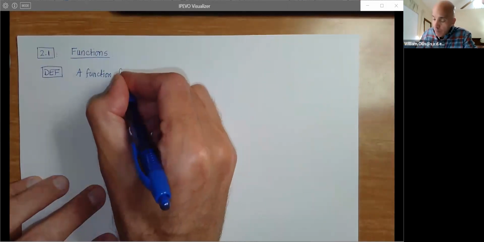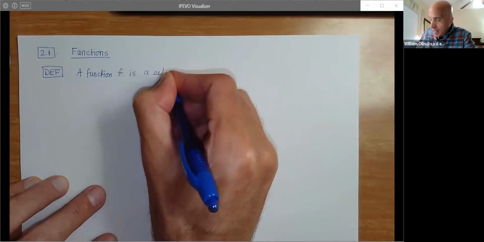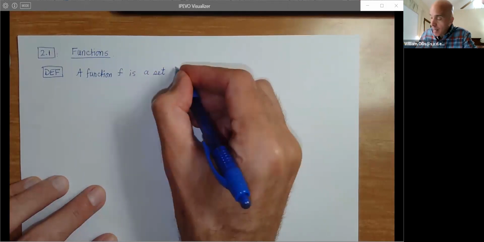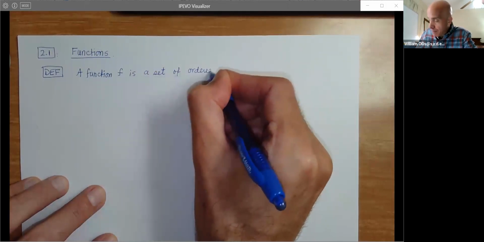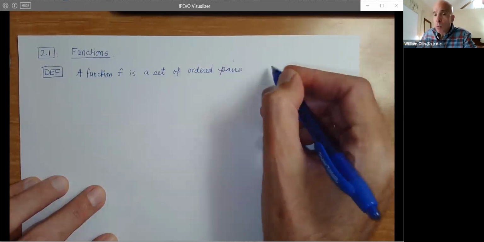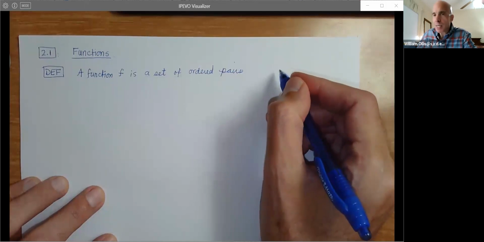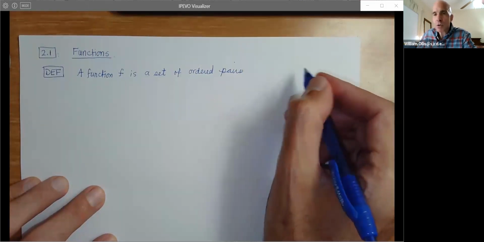A function f, at least in the plane, is a set of ordered pairs. And often when we think of functions, at least in a math class, we would think that the ordered pairs would be those of numbers.